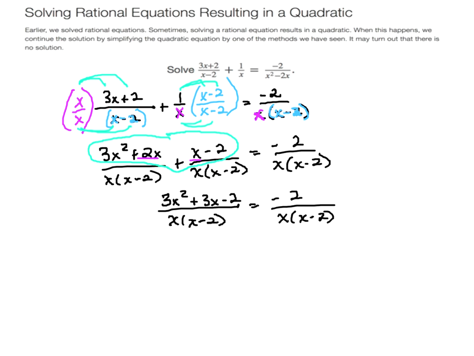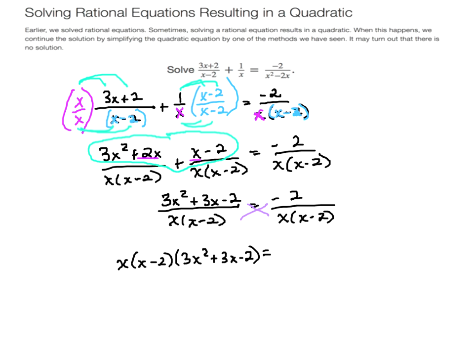Now I am at the point where I have a proportion. So I can multiply both sides by the denominators to get them out of there, or I can do what we are familiar with as cross multiplying. So when I cross multiply, I get x times x minus 2 times 3x squared plus 3x minus 2.